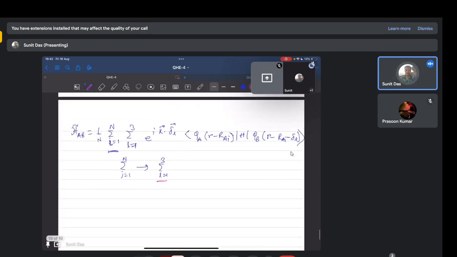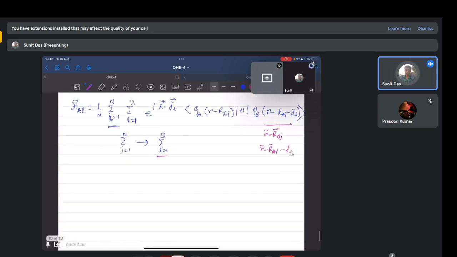You also notice that r minus r_bj was there, but we have replaced it with r minus r_ai minus delta l, where we have defined r_bj as r_ai minus delta l. Am I right?